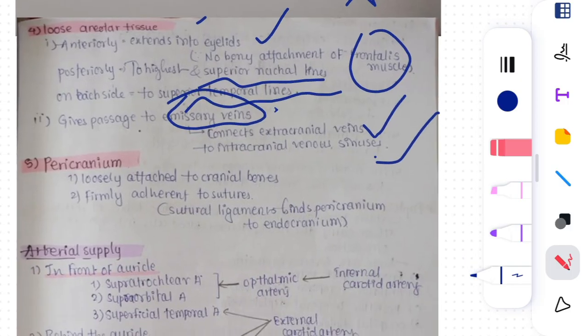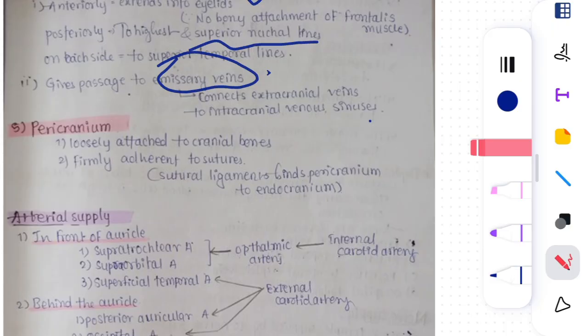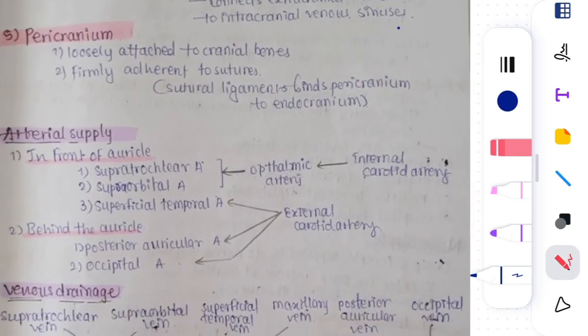It is an important feature of loose areolar tissue, and emissary veins connect epicranial veins to intracranial venous sinuses. And last one is the pericranium, loosely attached to cranial bones, firmly adherent to sutures, and sutural ligaments bind pericranium to endocranium. So 5 layers are completed.